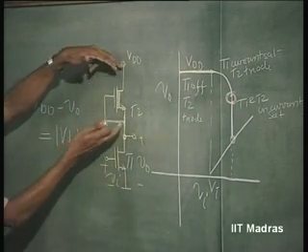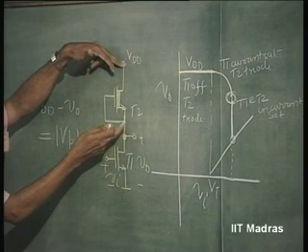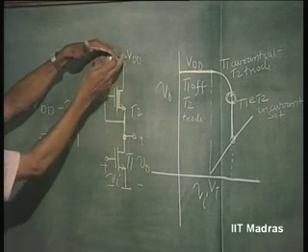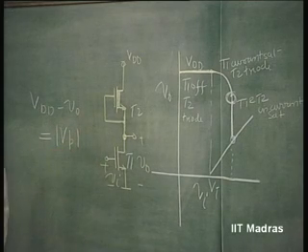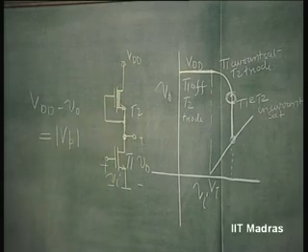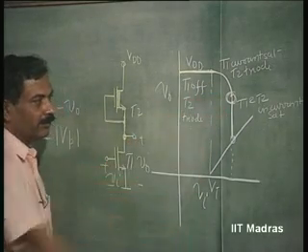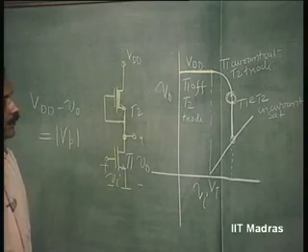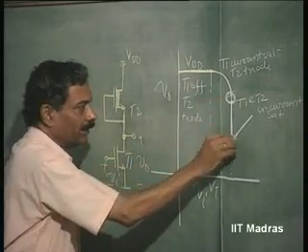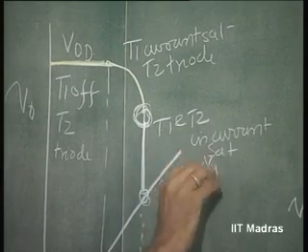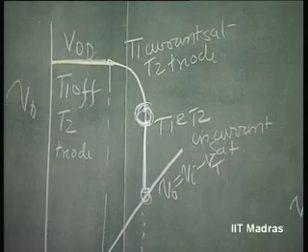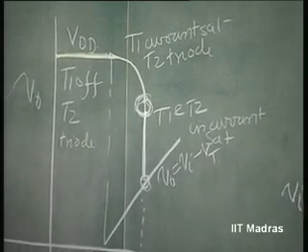That is when this VDS becomes same as Vp. VDS being equal to VDD minus V naught becomes equal to magnitude of Vp. Is that clear? That is something that you have to remember. This point we have already seen is the point corresponding to V naught equal to Vi minus Vt, where T1 goes from current saturation to triode region.